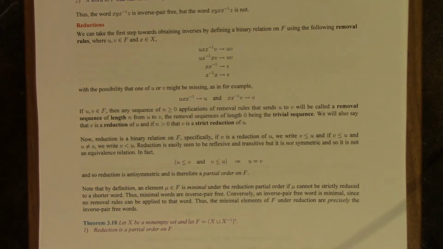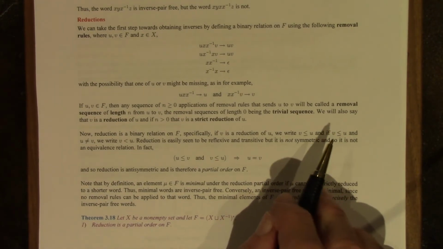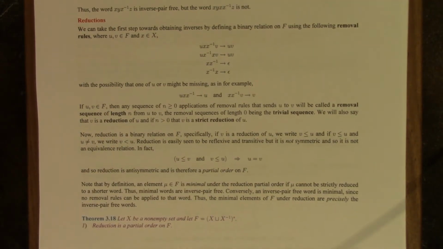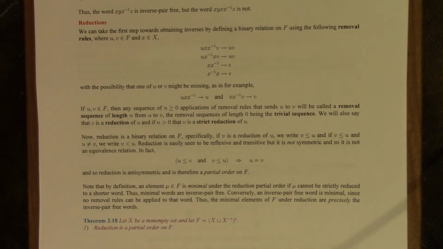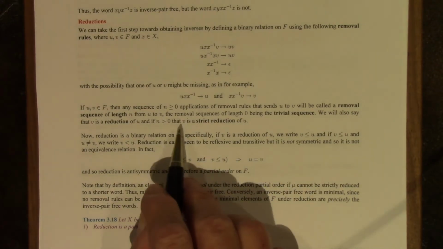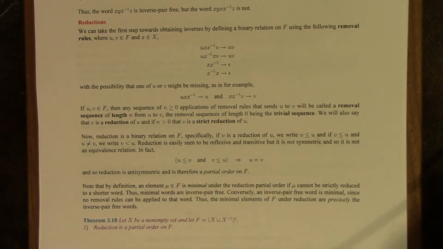And the removal sequences of length 0 we'll refer to as trivial sequences. And we will also say that v is a reduction of u when there is such a removal sequence. And v is a strict reduction of u if the removal sequence is not trivial, so we pull out at least one inverse pair.